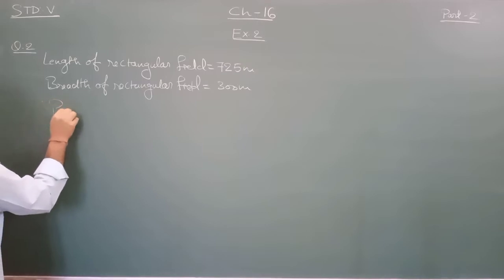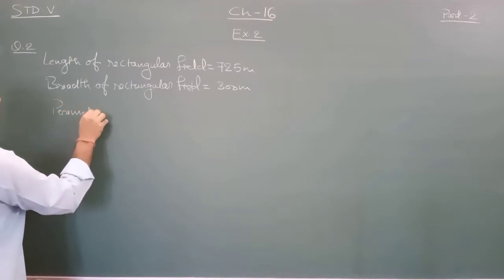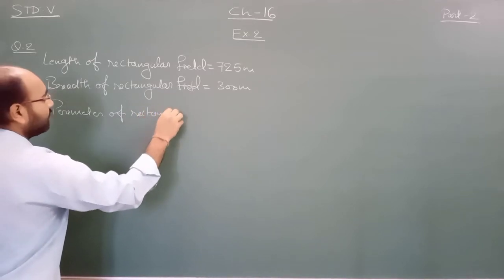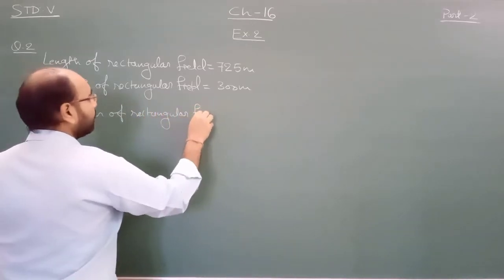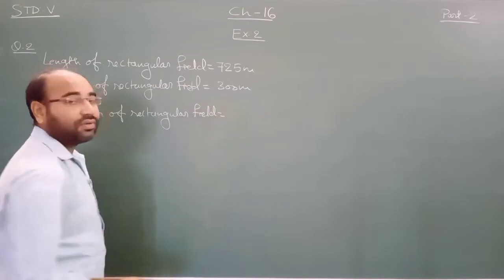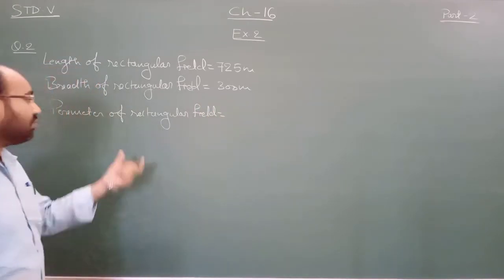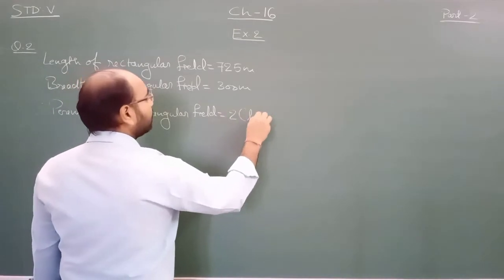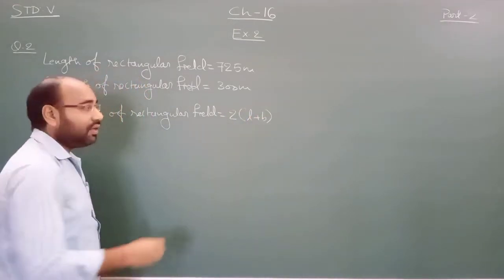So therefore perimeter of rectangular field. So the formula we will use is the same as the perimeter of rectangle, that will be 2 into (L plus B).